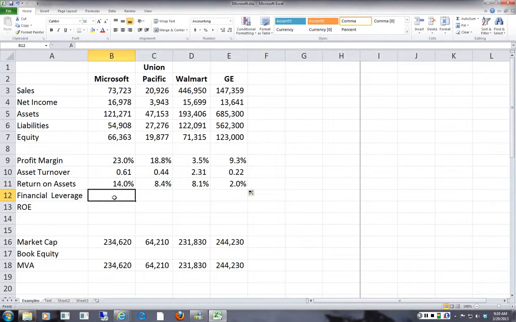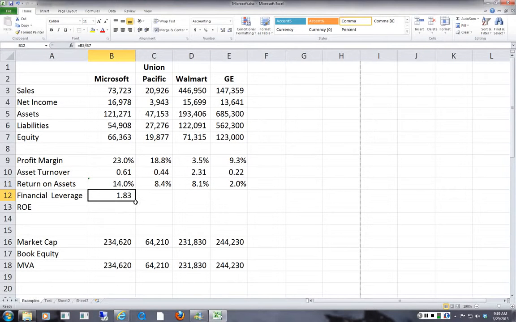Now the next thing we want to analyze is the financial leverage. We're going to take the assets and divide them by the equity. In this case, it's 1.8 for Microsoft. Microsoft has some liabilities, some bonds and financial instruments, which become leverage for their business.